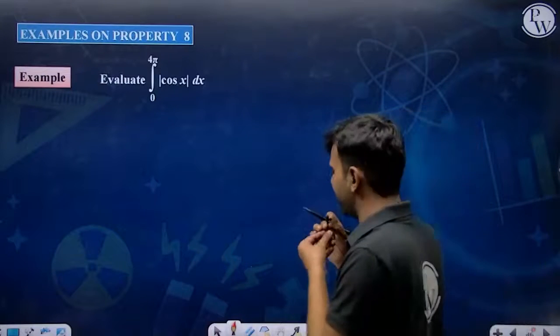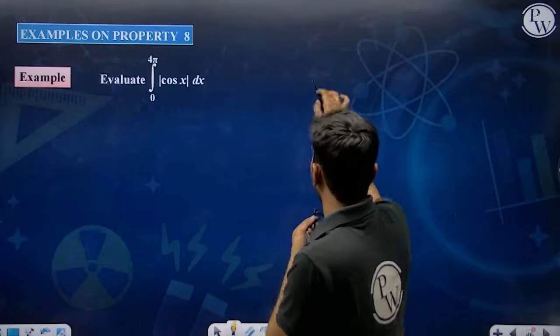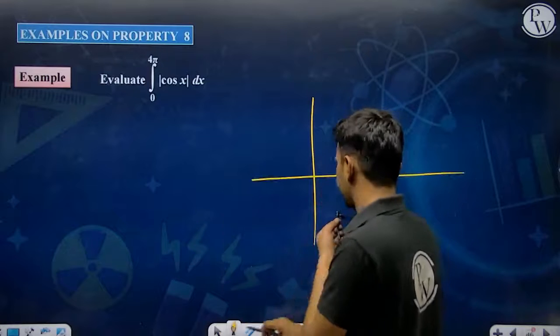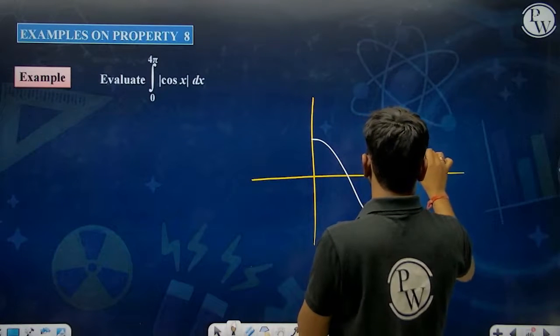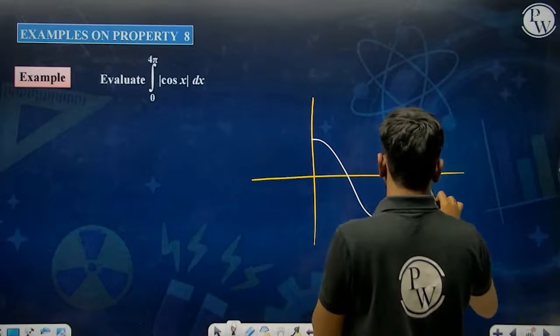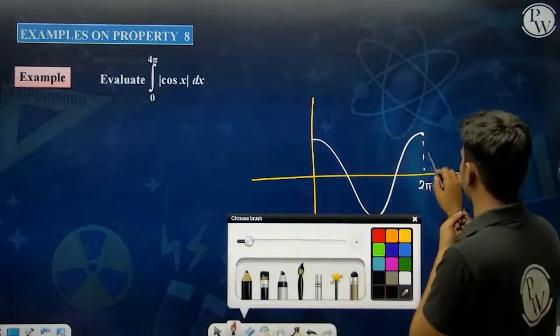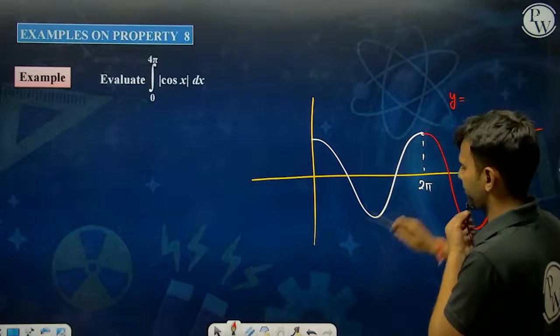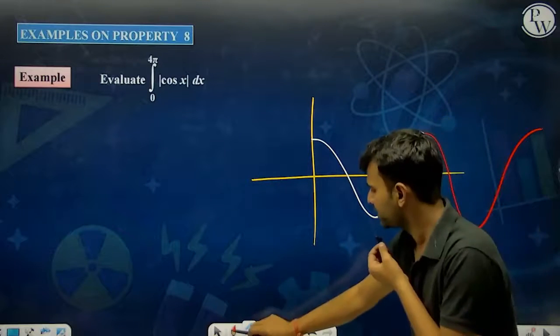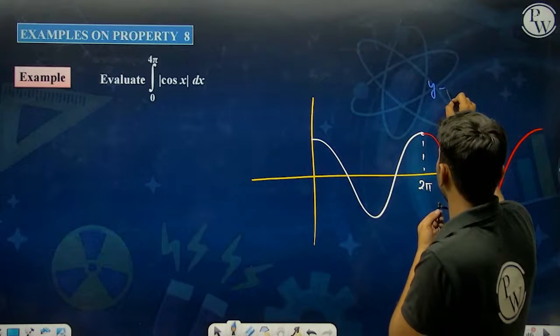So if you want to integrate this, I hope you guys know that the graph of cos x looks like this. So this is the graph of cos x, this is 2 pi, and similarly this graph is going to get drawn. So this is how the graph of y equals cos x is drawn.